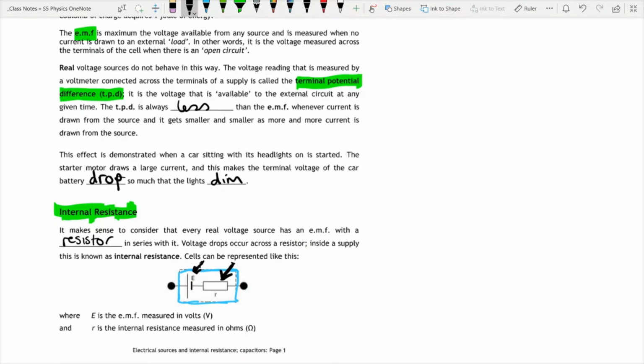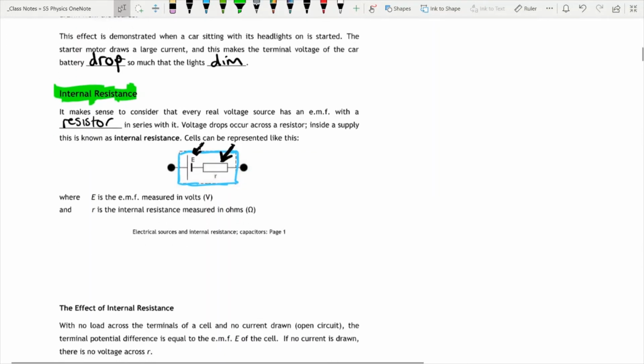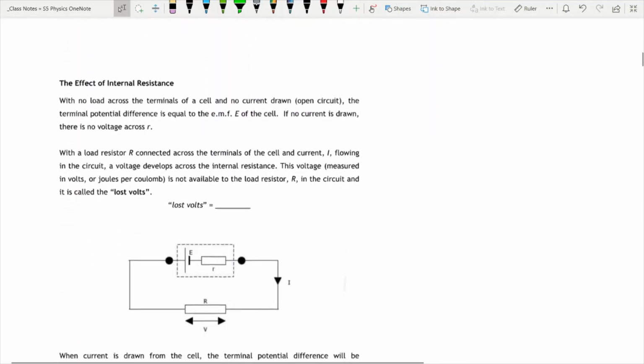So we call capital E, for short, the EMF, measured in volts. That's the total voltage you could get. And lowercase r is the internal resistance, measured in ohms. So every power supply has an internal resistance. Now, the effect of internal resistance.